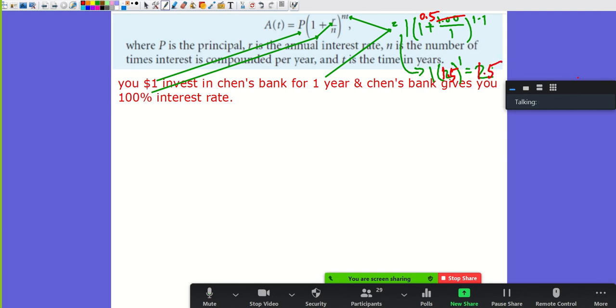Now, let's keep going with something you already know. What if it were 0.25? If it were 0.25, then this would be 1.25.